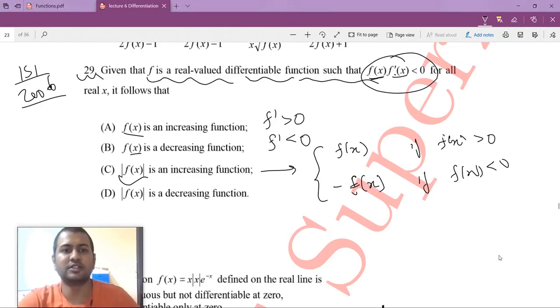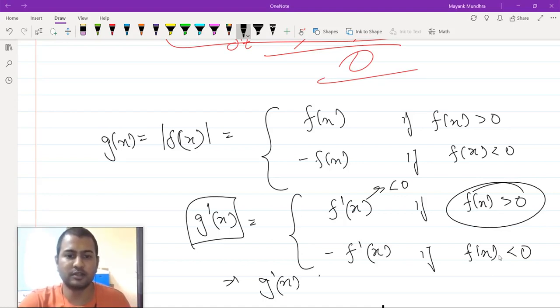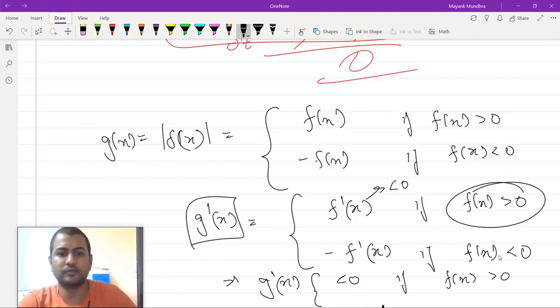Now if f of x is positive, it should imply that f prime should be negative. So whenever f of x is positive, f prime has to be negative, which implies that g prime of x is negative if f of x is positive.